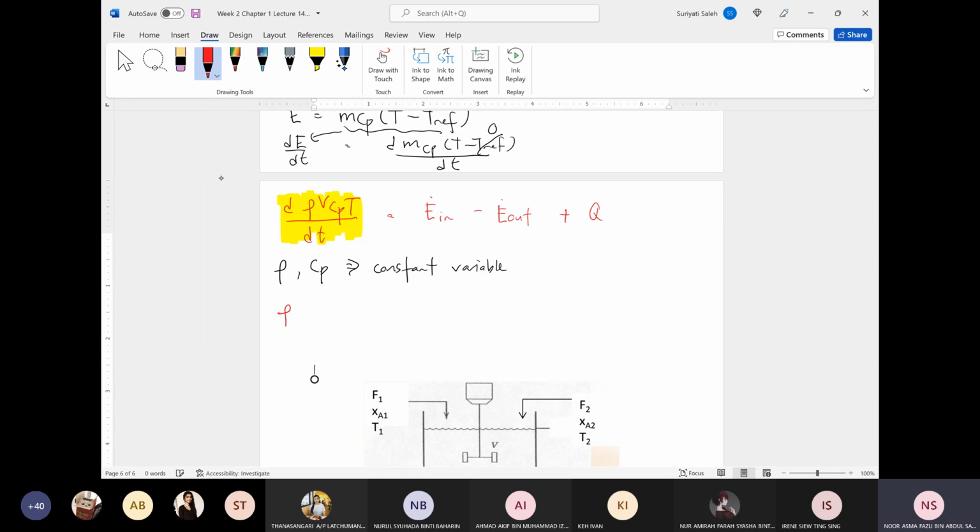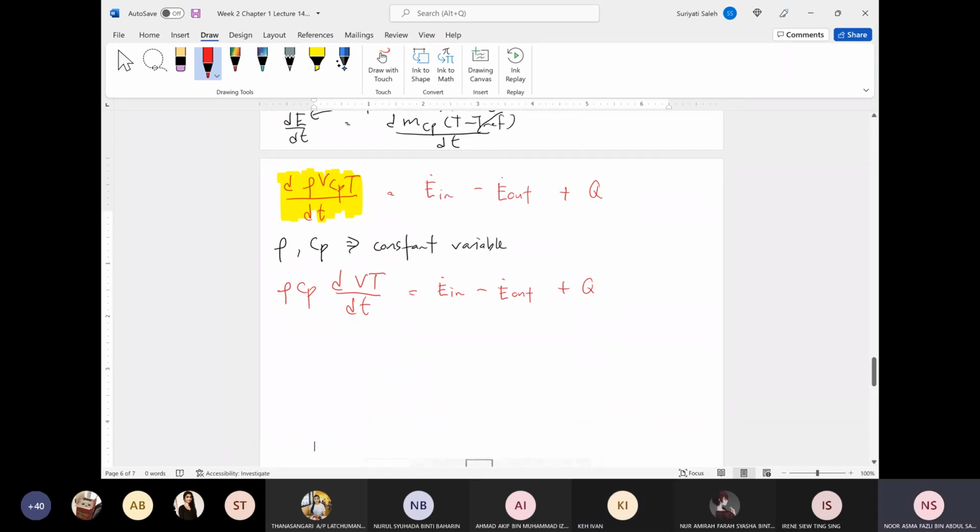Now the equation is rho Cp d(VT) over dt equal to E in minus E out plus Q. When we have the two variables inside the differential equation, it's much easier to expand it. So we can apply the product rule according to the mathematical derivation.